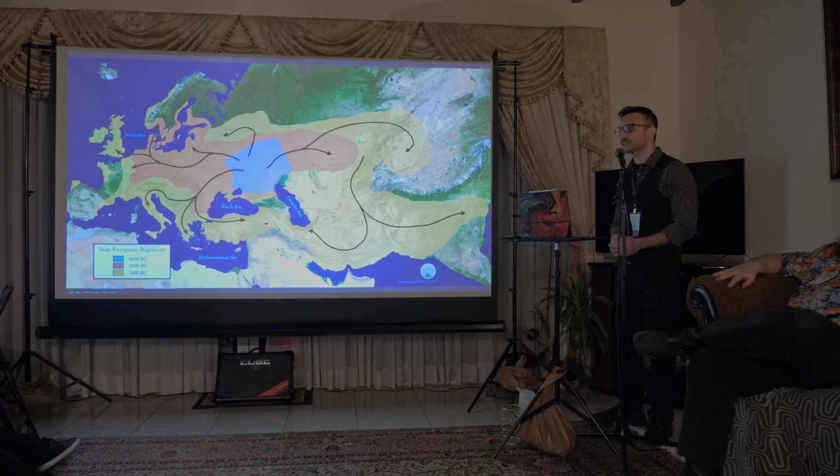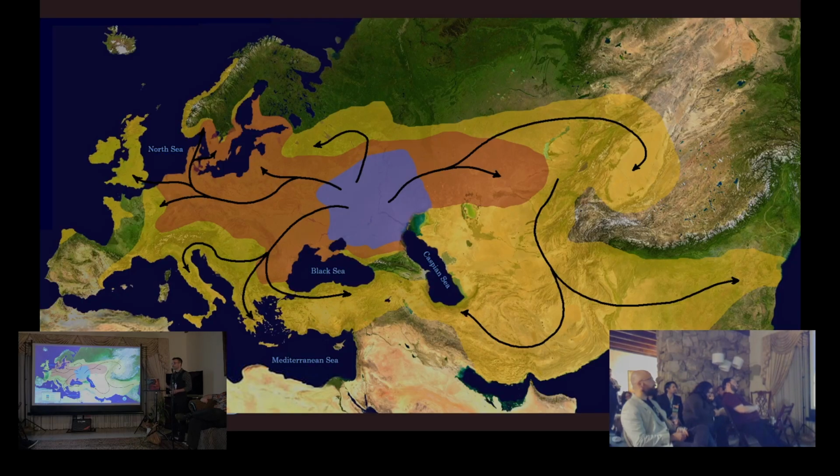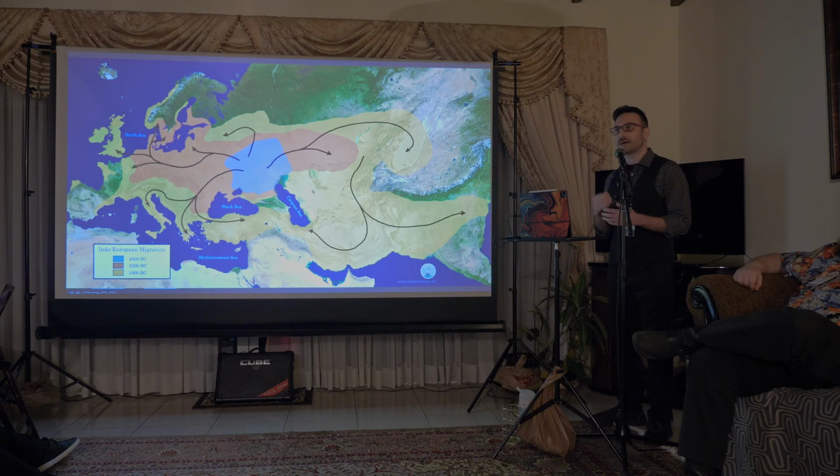Why is it that the Proto-Indo-Europeans were able to spread so much in such a vast area? The reason is because they are believed to be one of the first civilizations to ever domesticate and ride horses. By doing that, they were able to cover more tracts of land than any other civilization, and by that fact, able to spread very far and very wide.